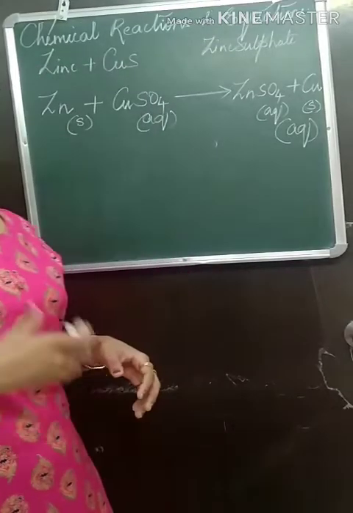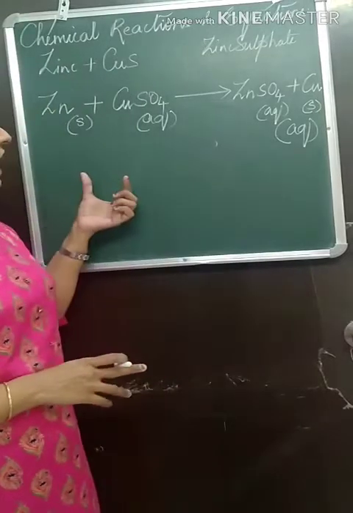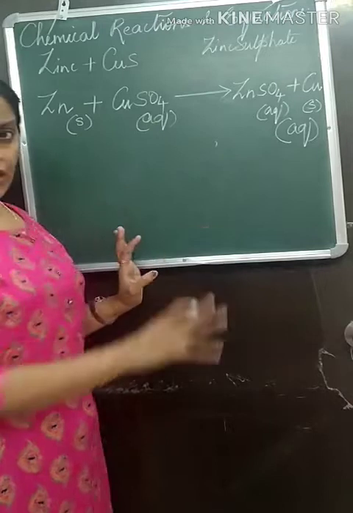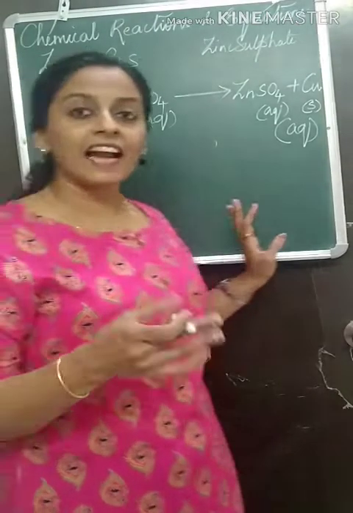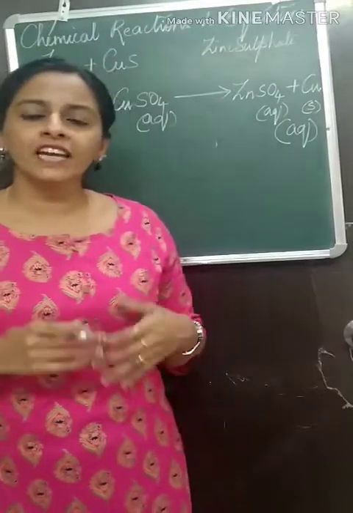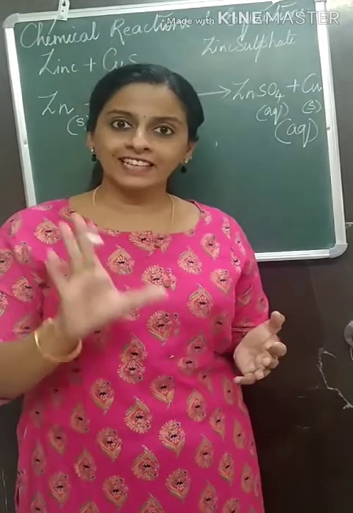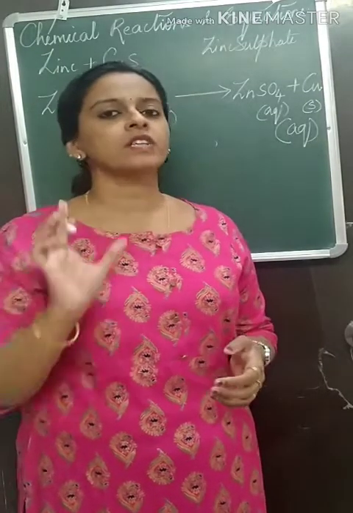Next, what all things do you have to consider while you write a chemical equation? You have to specify if there is some speciality in the reactants or products. For example, if you are using a catalyst, you have to mention the name of the catalyst. If there is a certain temperature that should be followed compulsorily, then you have to mention the temperature.